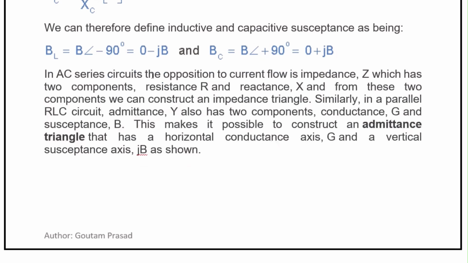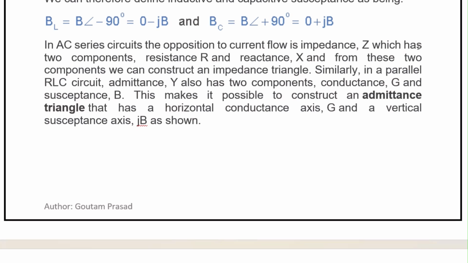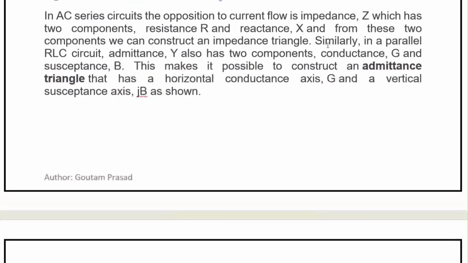In AC series circuits, the opposition to the current flow is impedance Z, which has two components, R and X. These two components construct the impedance triangle.